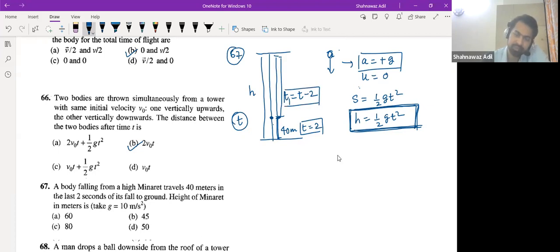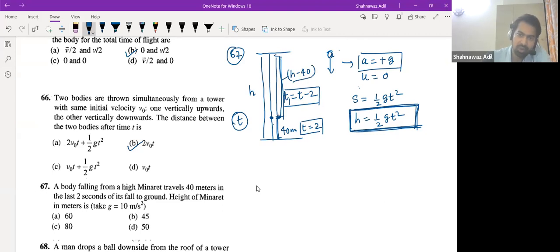And what is the height from here to here? Sir, h minus 40. Absolutely right. Total is h, so from here to here, this would be h minus 40.